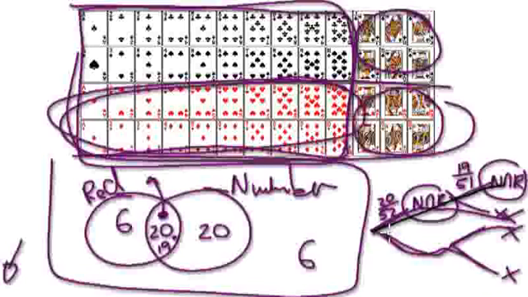If the question is saying at least one card is red and number, then you have to consider other branches. But because the question is saying both of those cards being red and number, you have to follow this branch here, and that's only one branch.